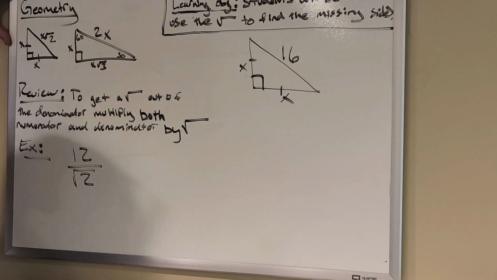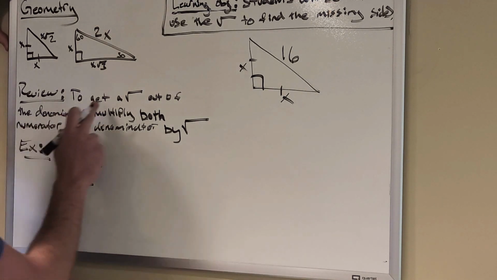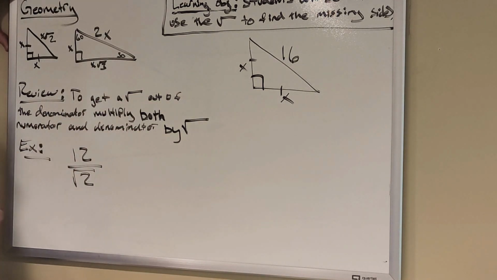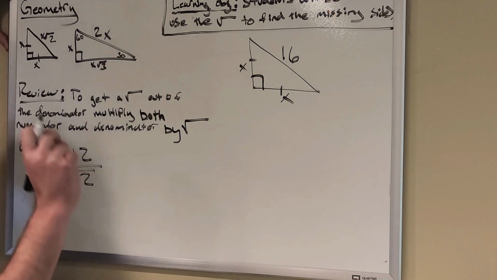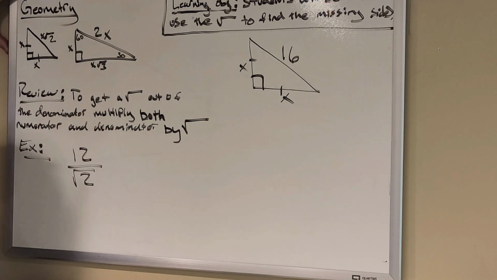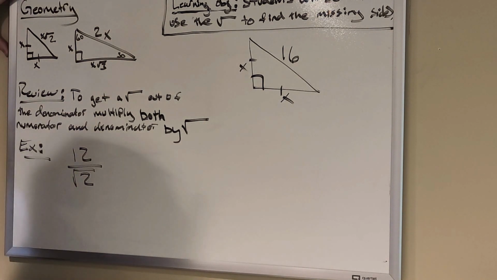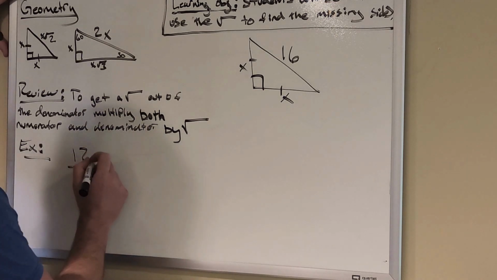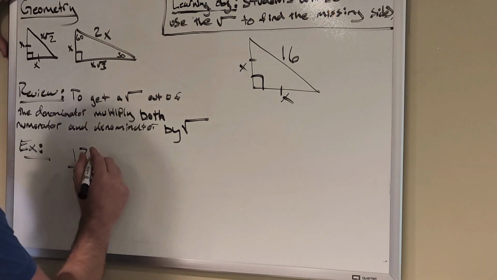You've got to simplify it. To get the radical out of the denominator, you multiply both the denominator and the numerator by that same radical. Because if I multiply the square root of 2 by the square root of 2, it's just going to give me 2, and then there'll be no more radical in the denominator.